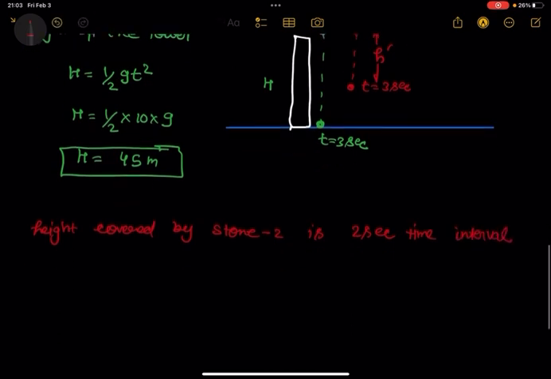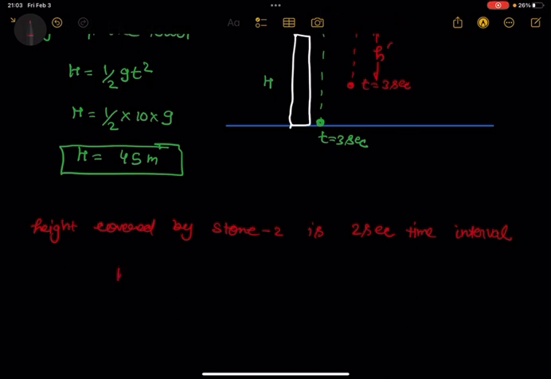Okay, so if it is a 2 second interval, we can say that h prime is equal to half of gt square again. So h prime is equal to half of 10 times 4, which is 5 times 4. So the answer is h prime equal to 20 meter.